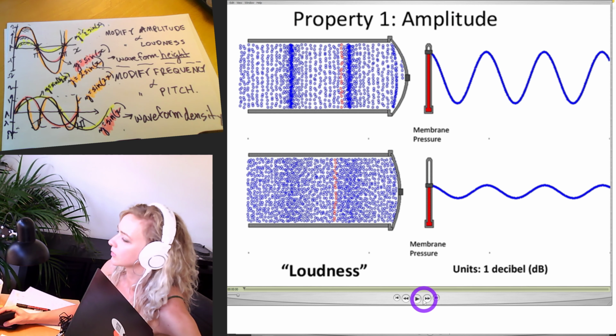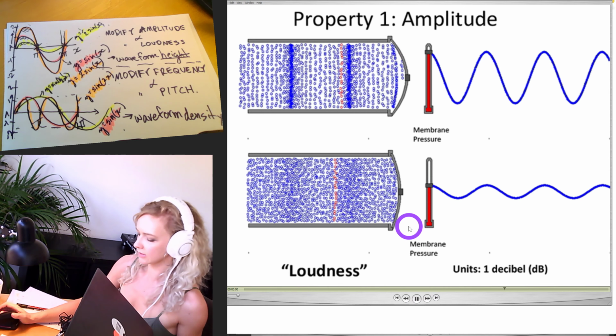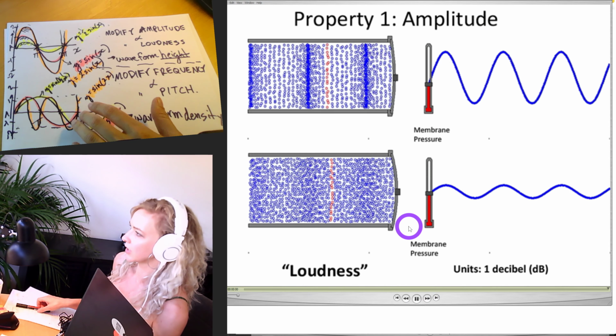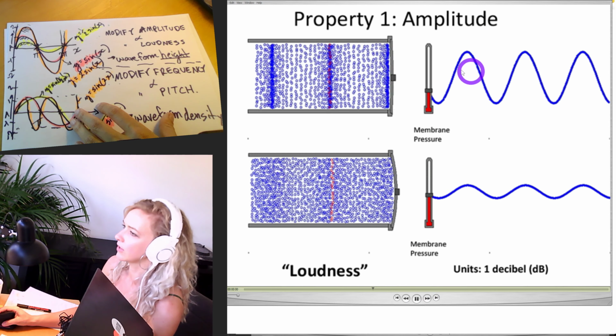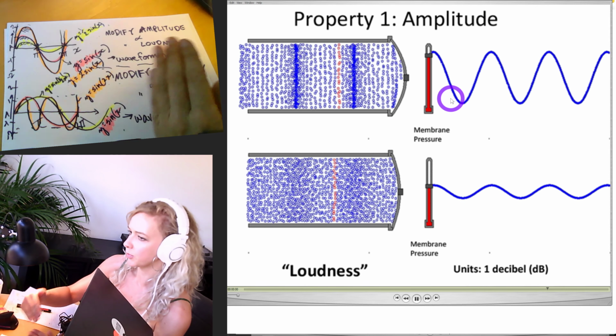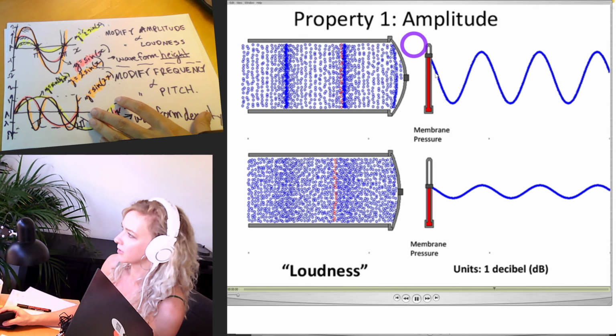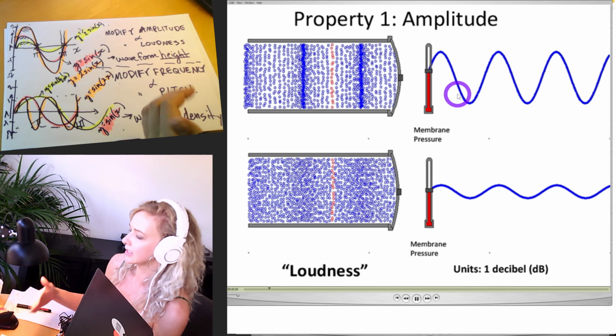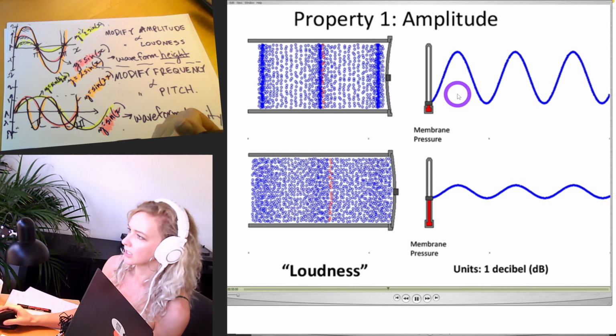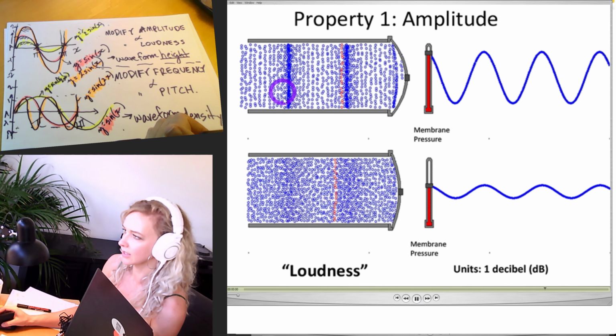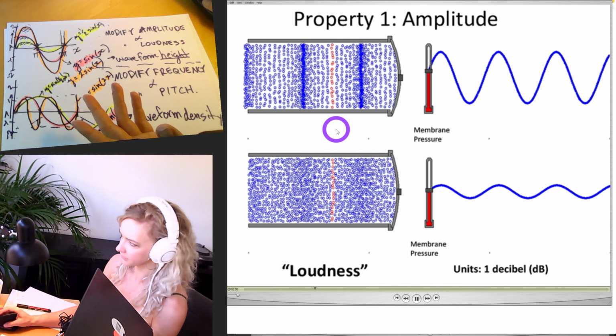So this is also what I just showed you. This is how the amplitude works. See this waveform at the top? It's a lot bigger, a lot taller than the waveform at the bottom. And when the waveform is a lot taller, it makes more pressure, it makes these high pressure areas, and then we hear something as louder.